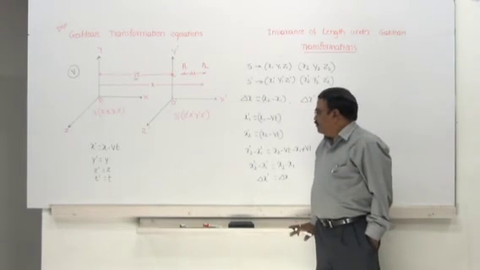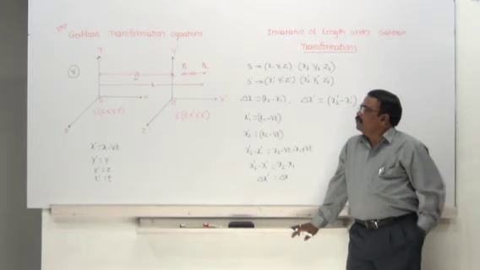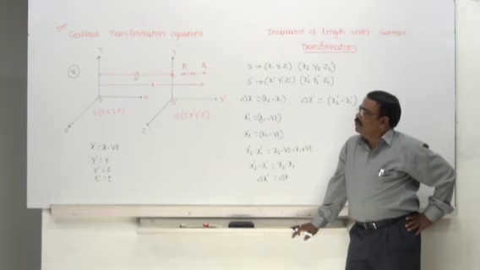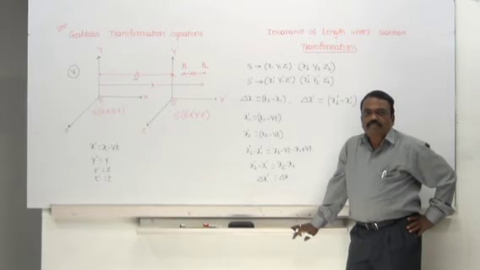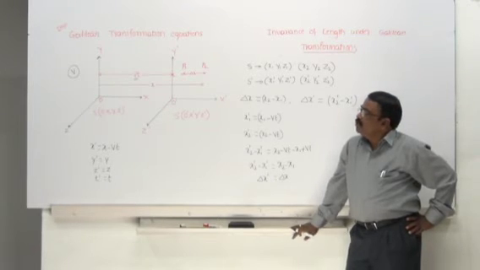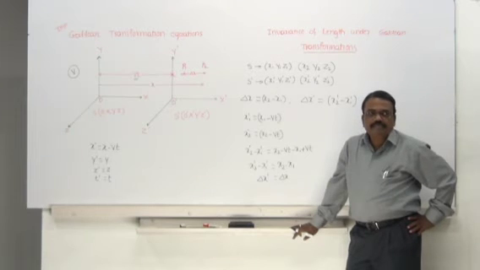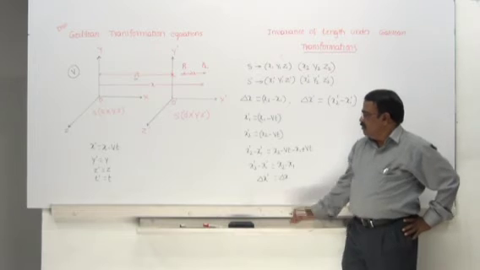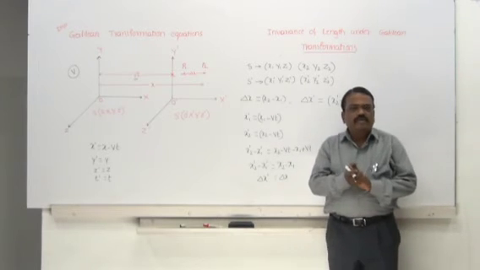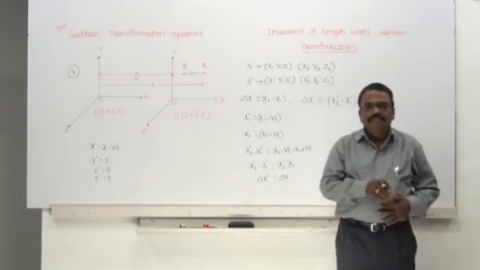That means, if the measurement of the two events is made simultaneously in two frames of reference, then the distance between the two events remains constant.